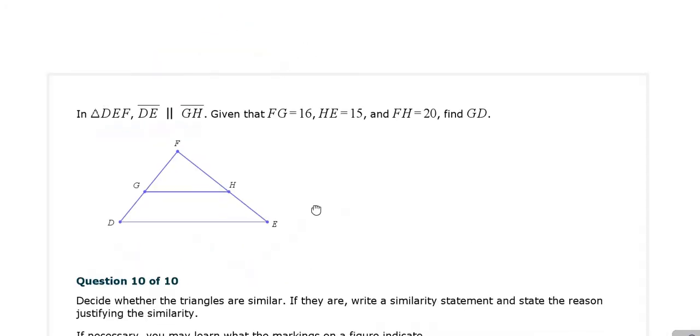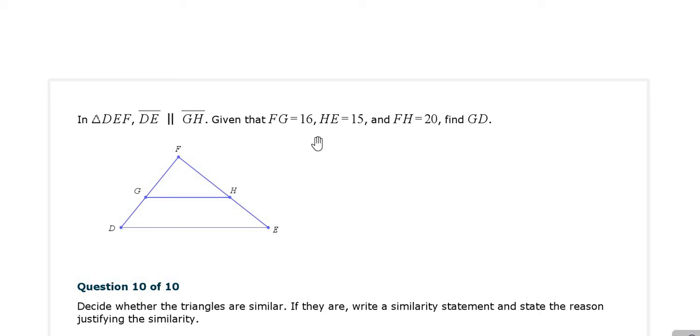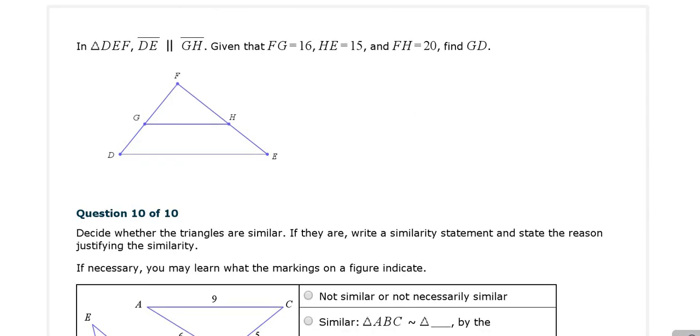Number 9 is a very similar problem. Let's see if we can't see how to work it. So we have F to G is 16. And HE is 15. And FH is 20.